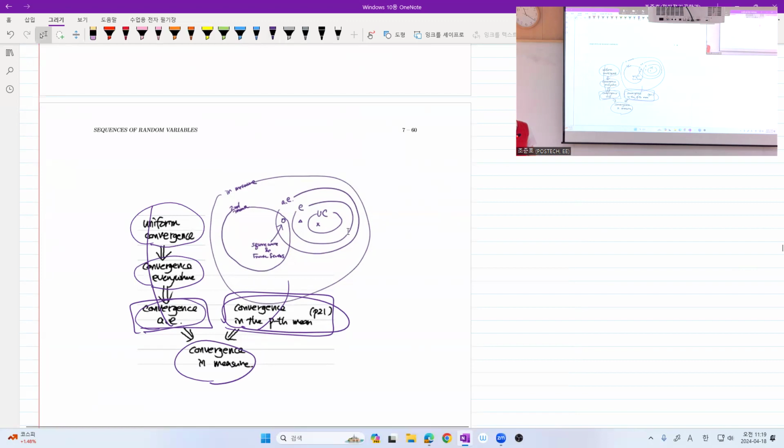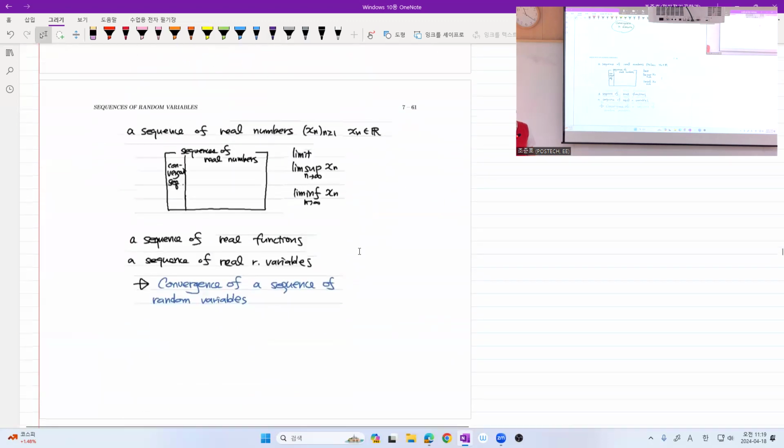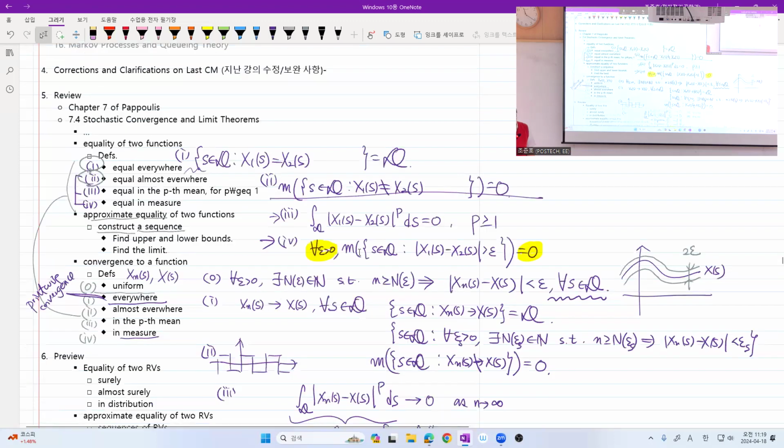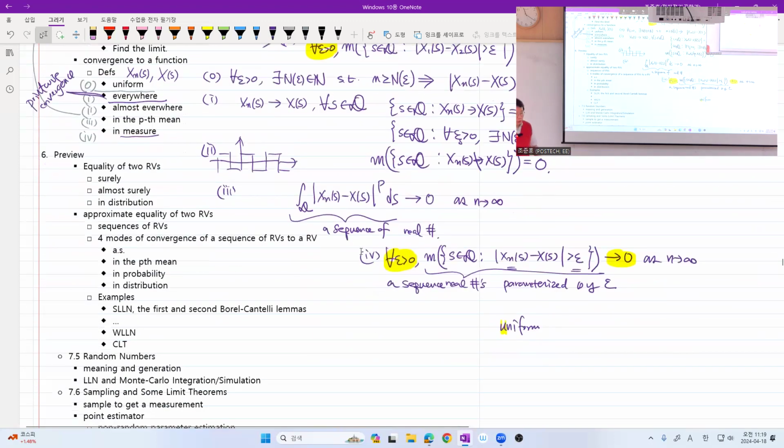So these are what was studied last time. Now today we are going to generalize or apply, because it's kind of a generalization, because we have one more mode of convergence when we talk about the convergence of a sequence of random variables. So since we have one more new definition, it's a generalization.